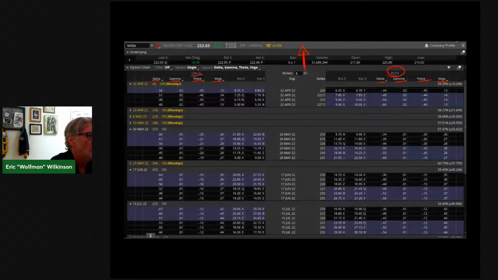So when I was talking about delta here, this is going from 222 and it increases by $1, so now we're at 223.03. Let's make it exactly $1. On that first one, 50 cents goes into those premiums. On dollar number 2, now we're at 224.03. Gamma goes with delta. This increased 51 cents, so let's just call it right in the middle of 50.